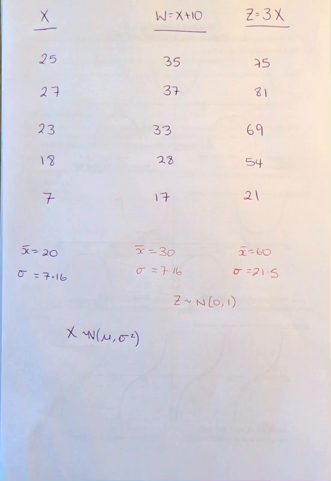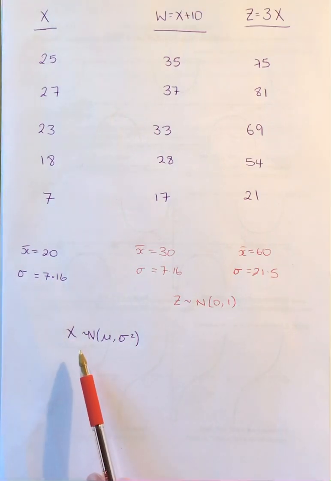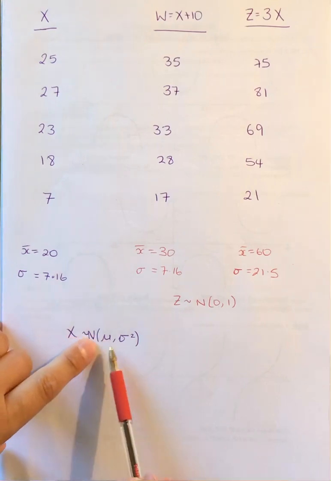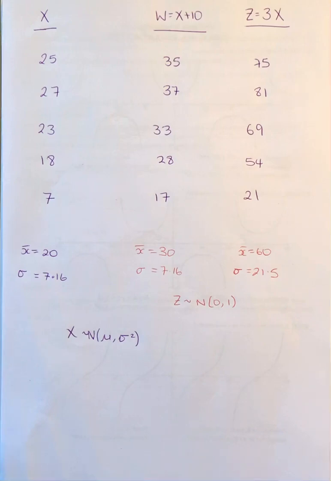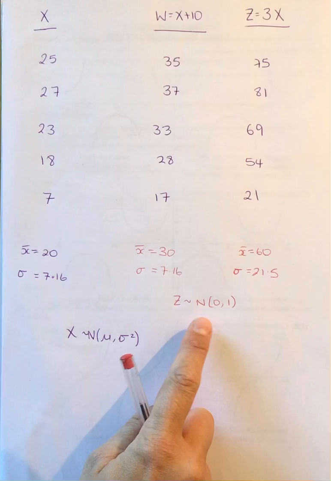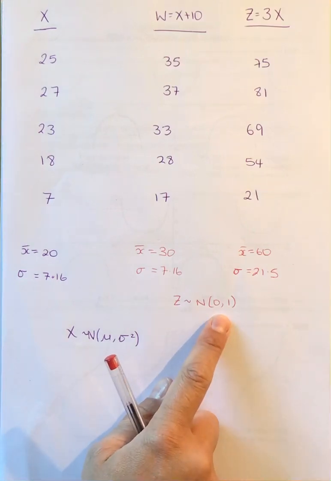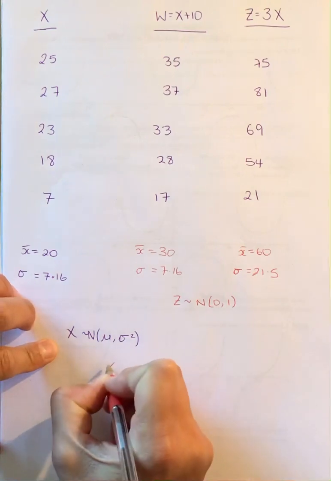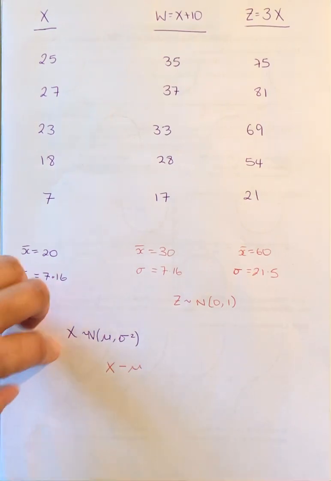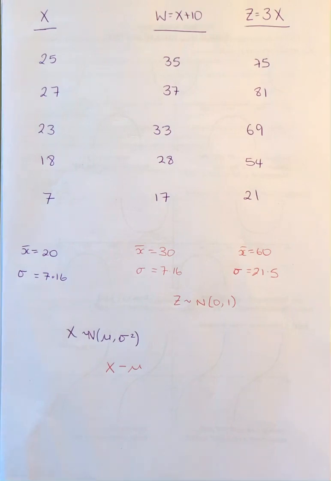Now normally, if we've got a normal distribution, we say that it's distributed with a mean of mu and a variance of sigma squared. Now I can code that data to give me a mean of 0 and a variance of 1. If I take my values and I take mu off all of the values, then my mean will go from mu to mu take away mu, which is 0.